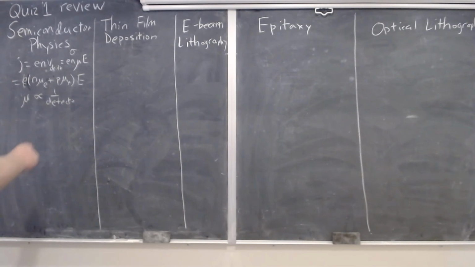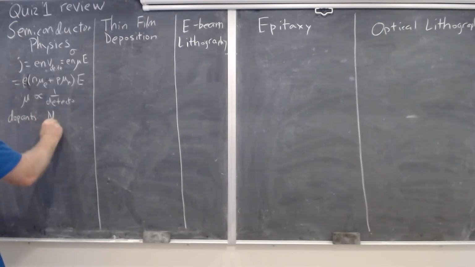And we learned about dopants. There are acceptor atoms that give holes, and when they accept an electron to give a hole, they become negatively charged. And there are donor atoms that give us electrons.